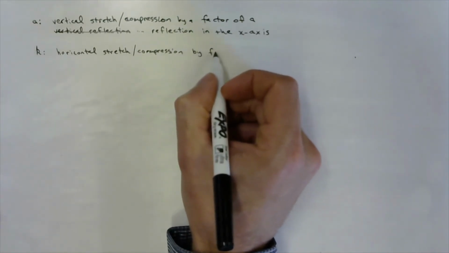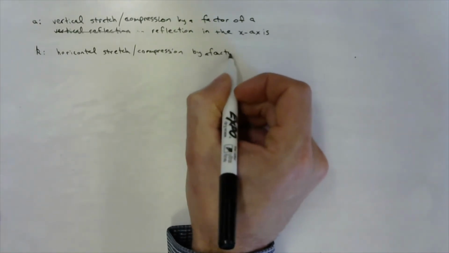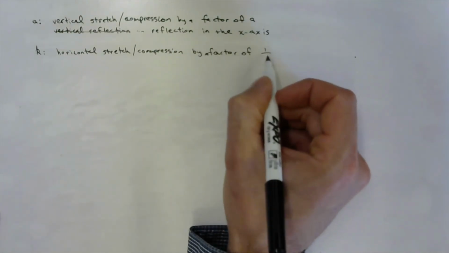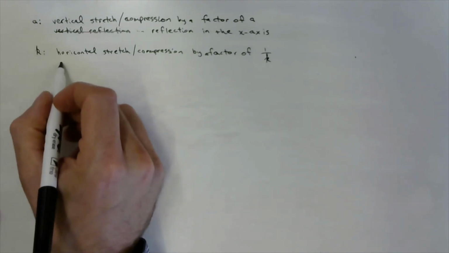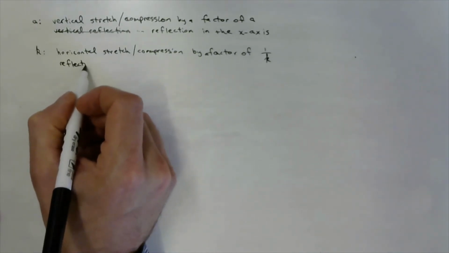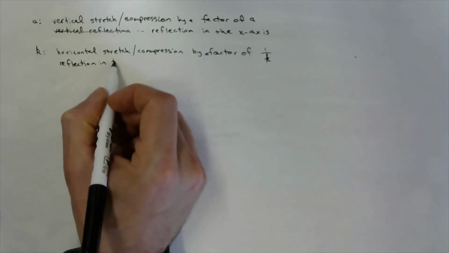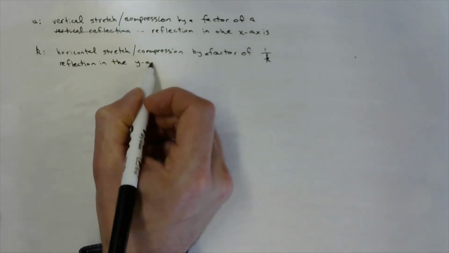And this part's important, by a factor of 1 over K. It can also give you a reflection in the y-axis.